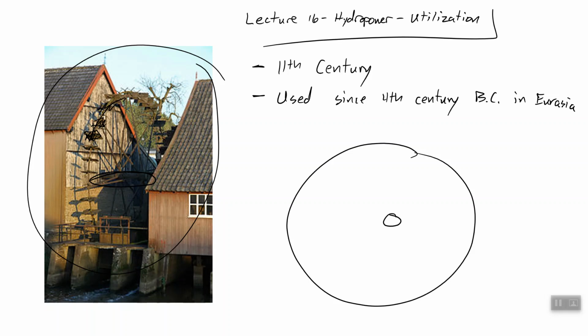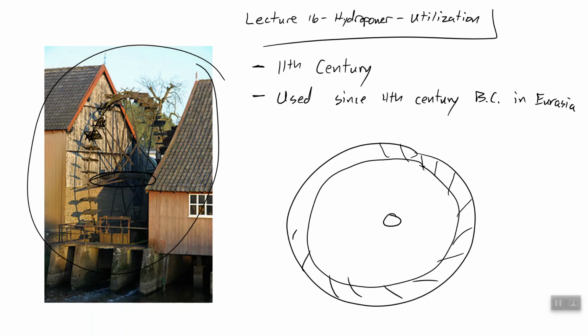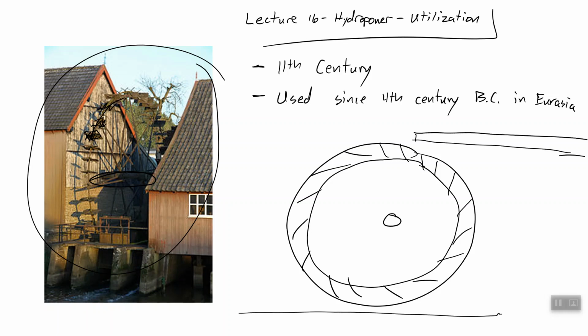And those buckets, I'll just draw roughly on our water wheel over here. They just go around this wheel, and then coming in towards the top of our wheel and coming off the bottom, we have two things. We have the head race and we have the tail race.